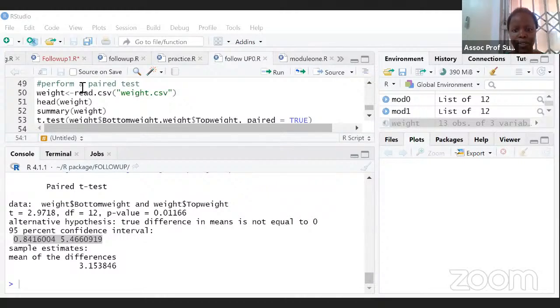Okay, so let me check the Q&A and see. Error in test dot. Why is missing for paired test? Why should there be an error?